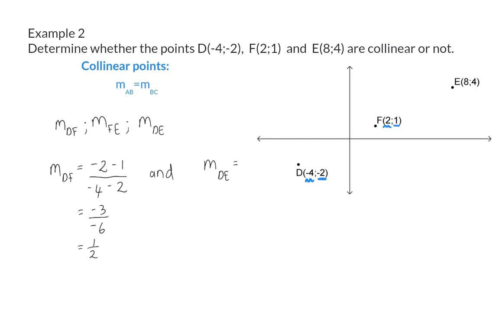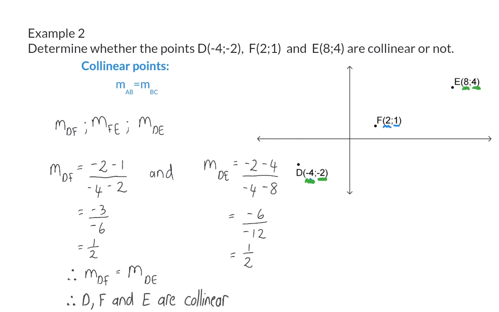For this, I'm going to start with the y value of D and subtract that of E, and then take the x value of D minus the x value of E. This will give us minus 6 over minus 12, which once again is a gradient of a half. So now we can make the conclusion that these two gradients are equal, and that means that the 3 points are collinear.